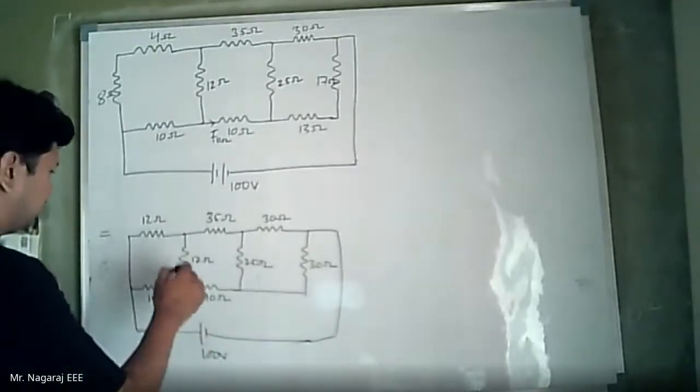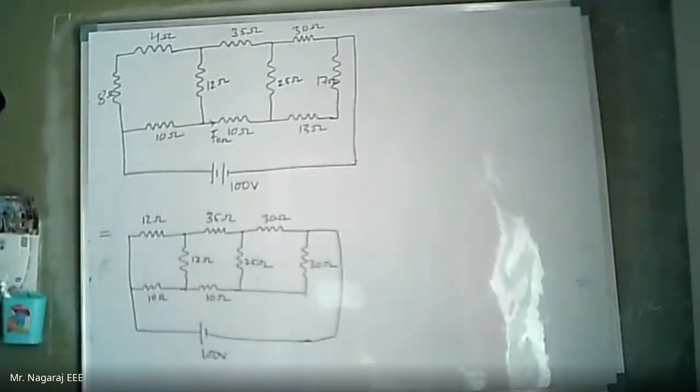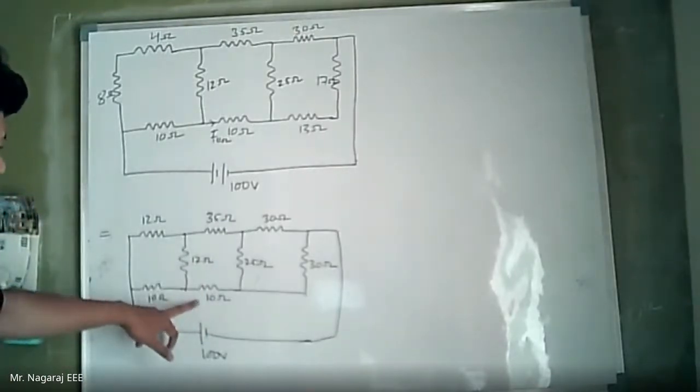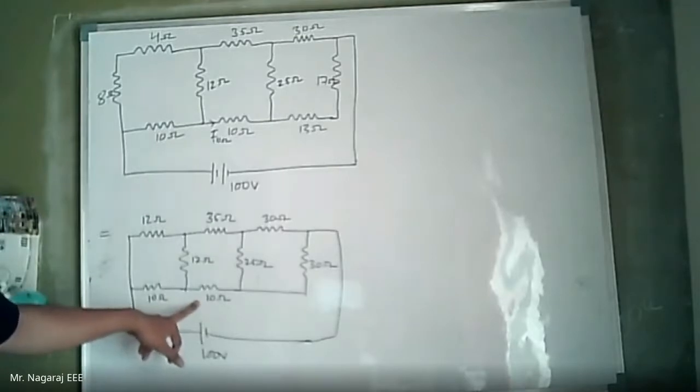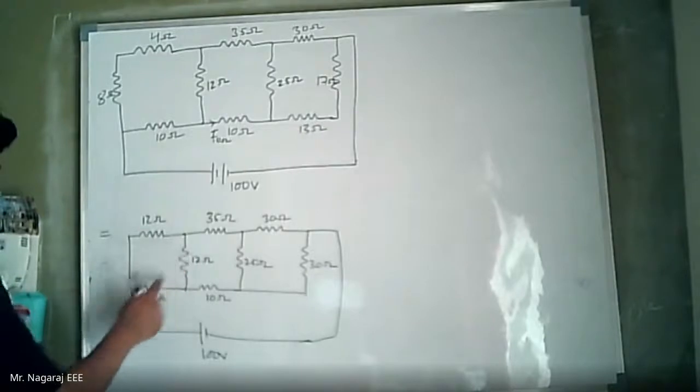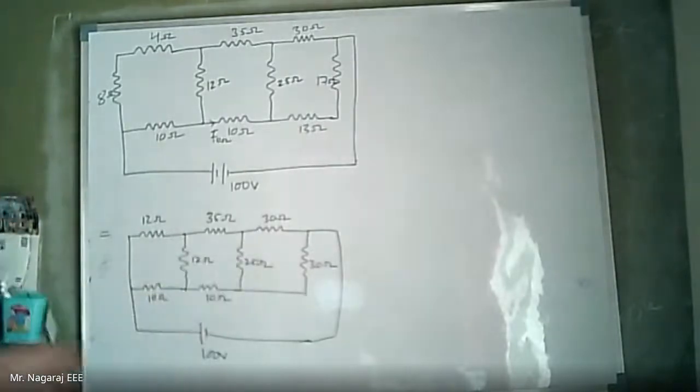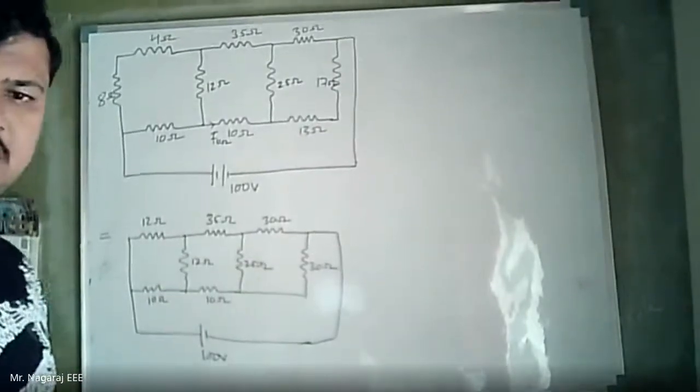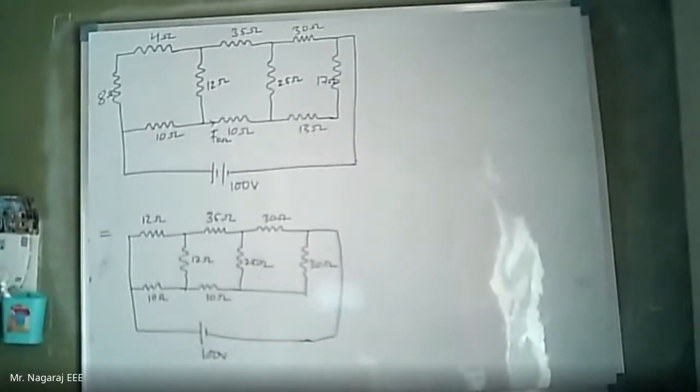Now if I do the star connection here, again there will be this 10 ohm coming in parallel forming some delta connection. So what I will do is convert the delta connections into star connections.